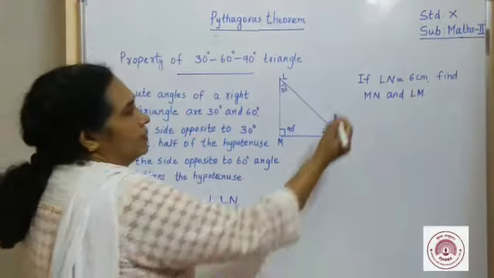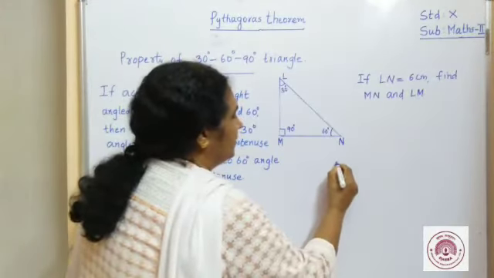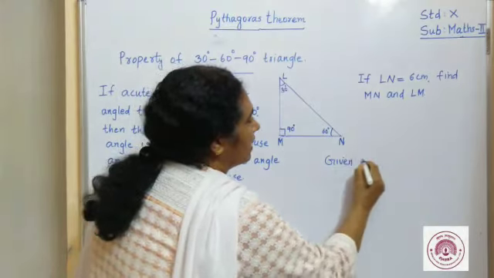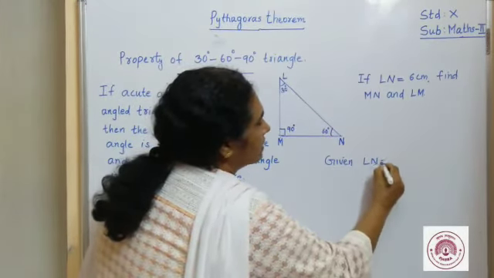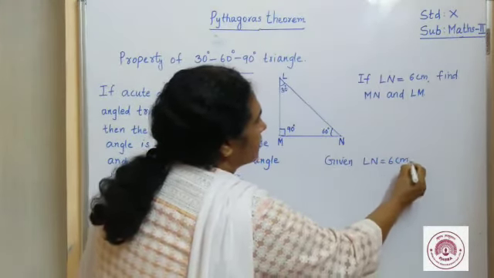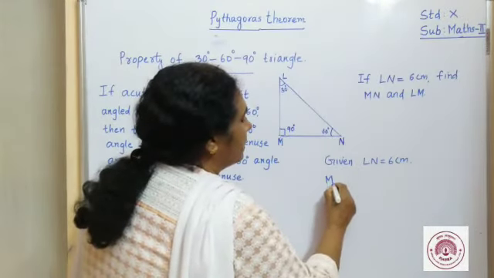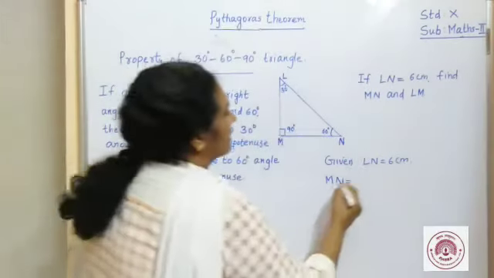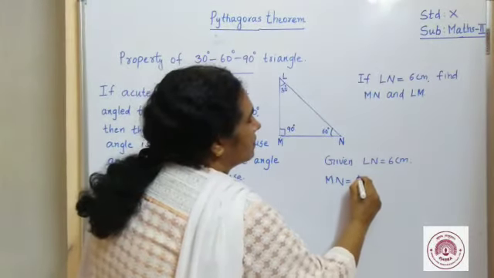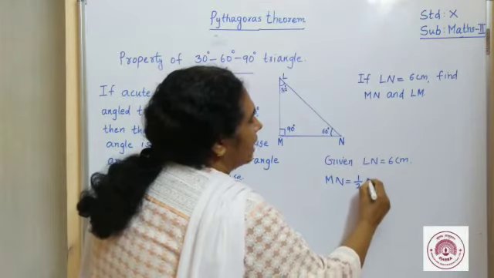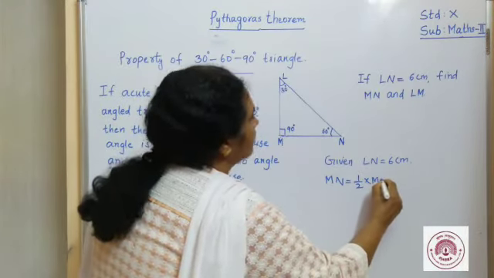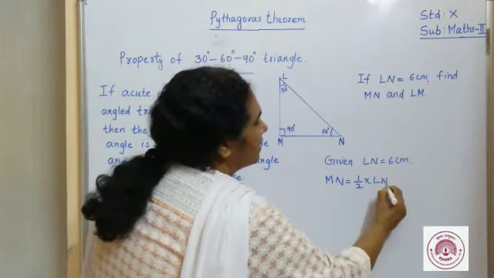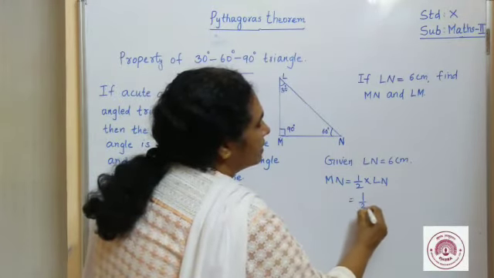So for solving this, given LN is equal to 6 centimeters, then what is MN? MN is the side opposite to 30 degrees, that is 1 by 2 times the hypotenuse, 1 by 2 into LN, that is half into 6.